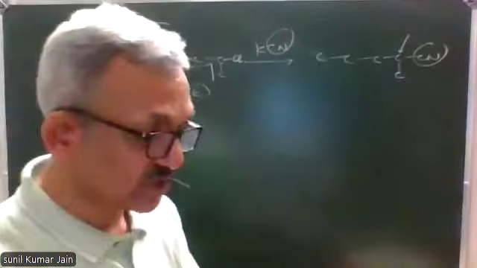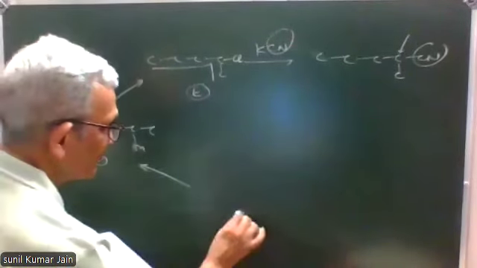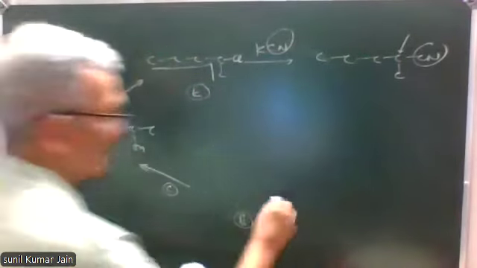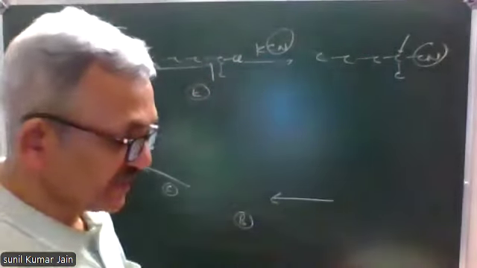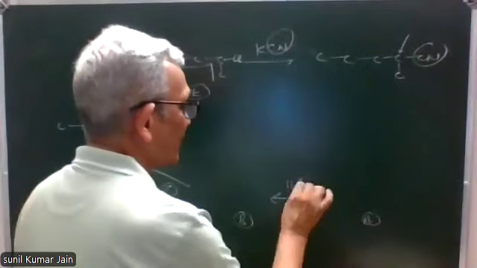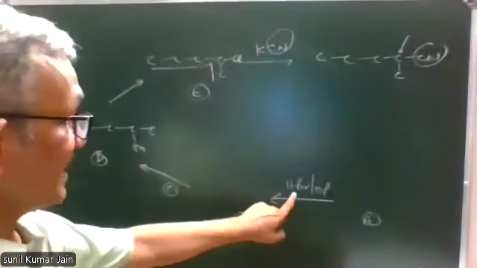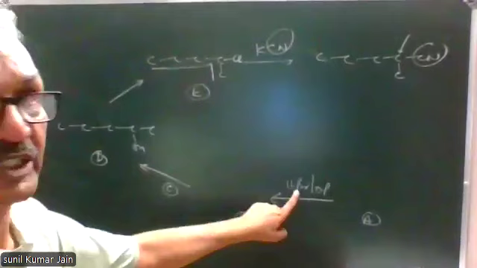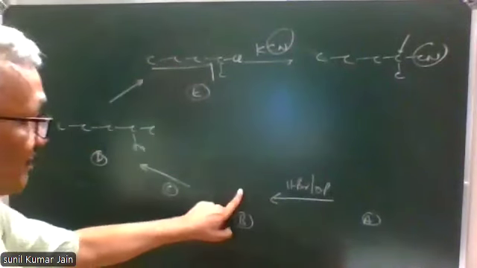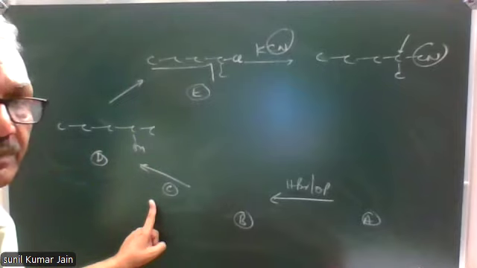2-pentanol is formed by the reaction of B with C. And this B is formed by the reaction of A with HBr and peroxide. It means this is anti-Markovnikov addition of HBr. And we want bromine on second carbon so that bromine can be replaced by OH group.